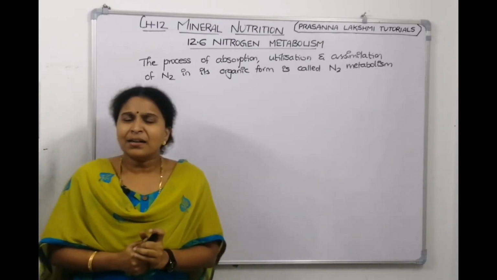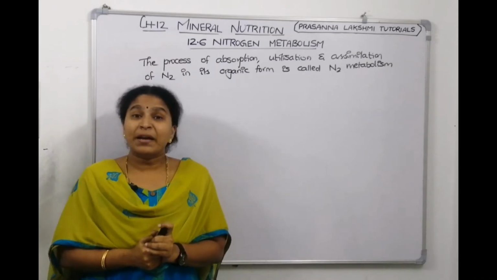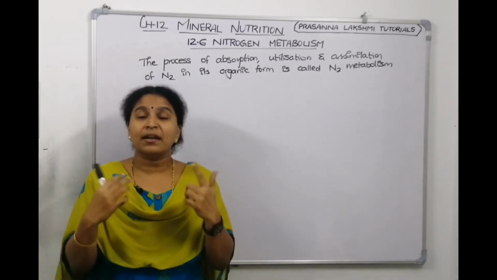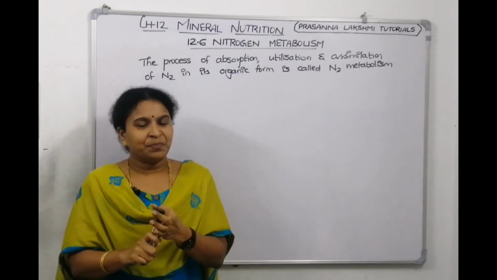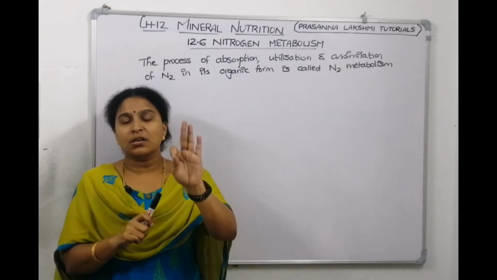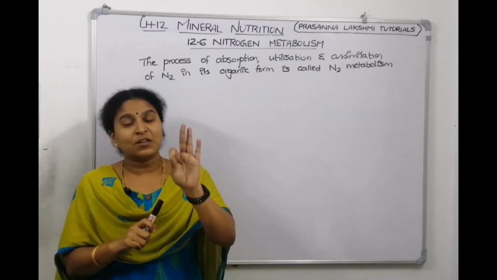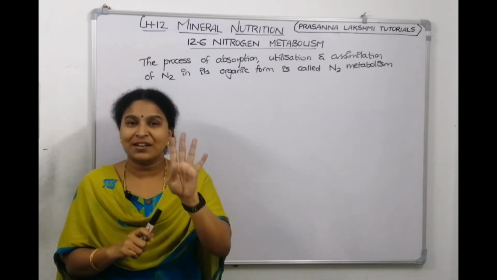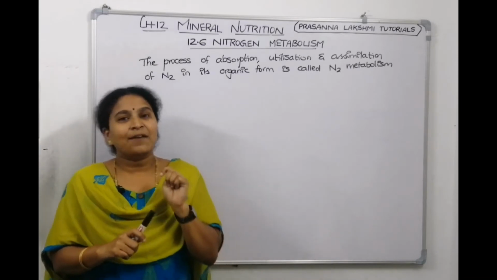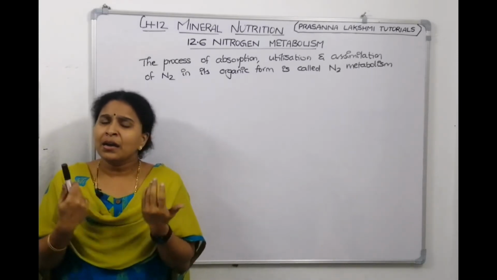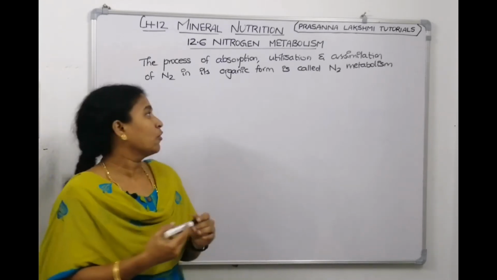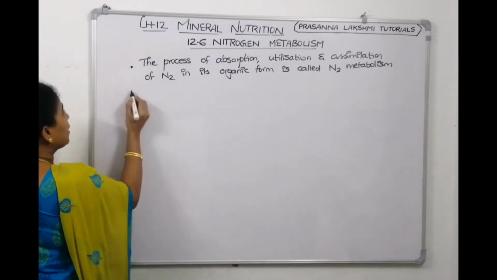Now what are the major elements which are required by the plant, which are present in the plant in more concentrations? First comes carbon, hydrogen, oxygen. After carbon, hydrogen, oxygen, what is the fourth element which is required by the plant in more concentration? Nitrogen, correct? After CHO, nitrogen is the more prevalent element in living organisms, plants also. Let's write the second point. This is our first point.